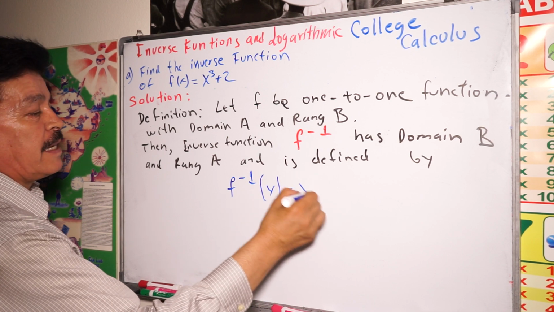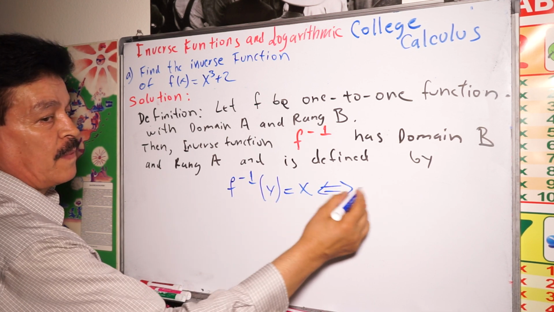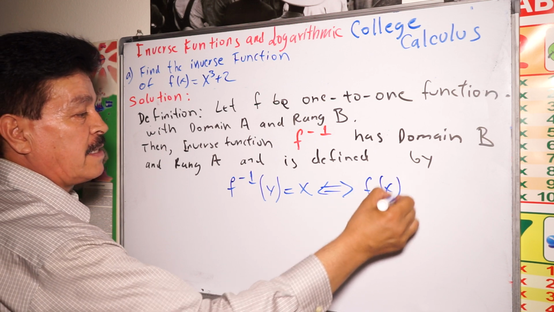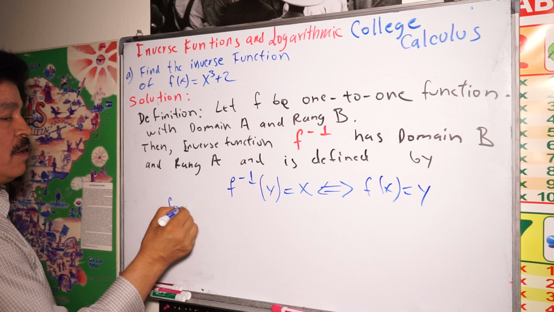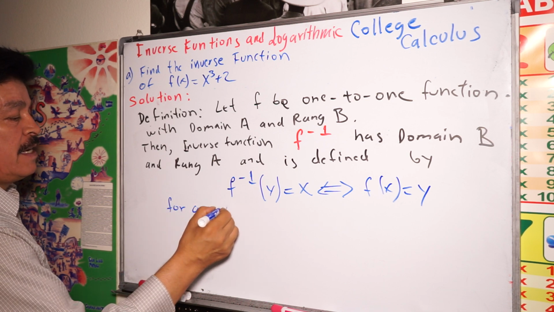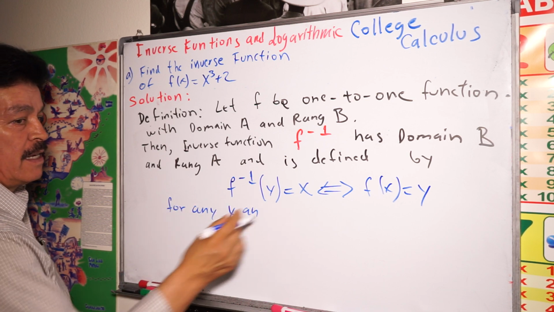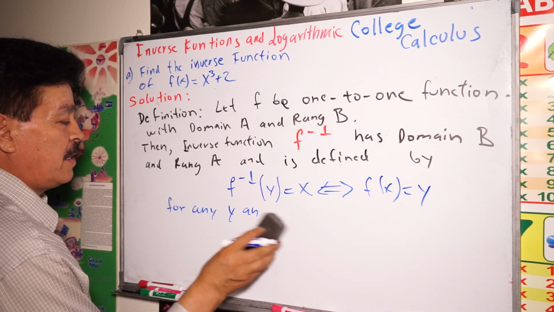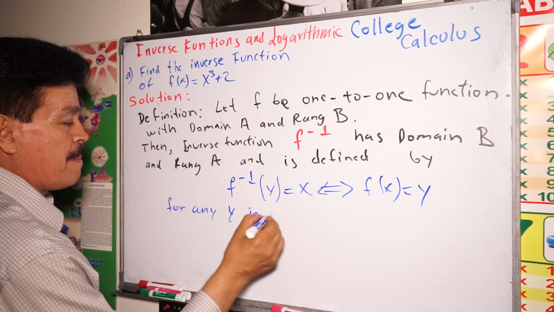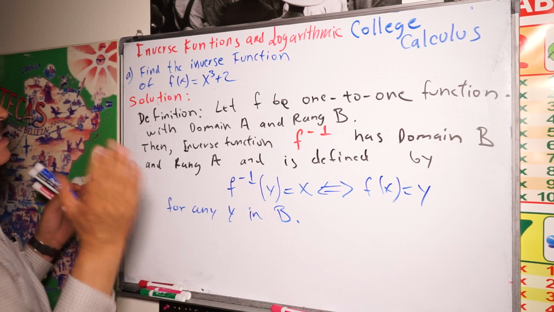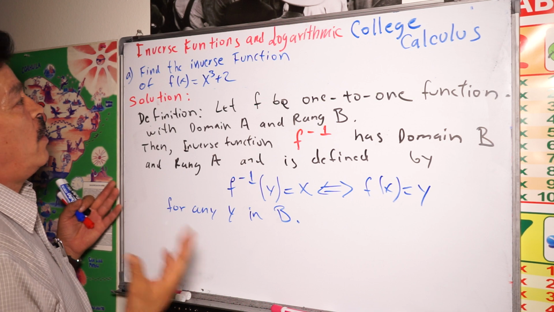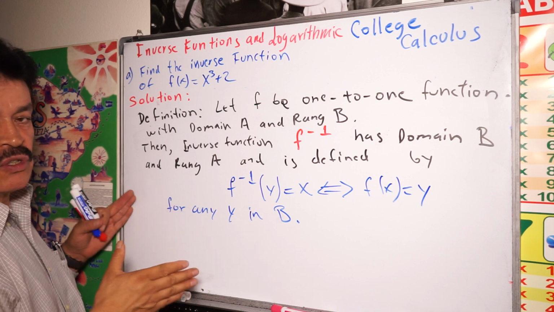So in mathematics, f minus 1 of x equals y if f of x equals y, for any y in B. Okay, so this is the definition of what I mean by inverse function.